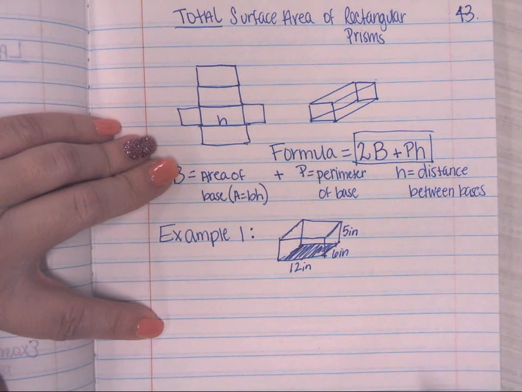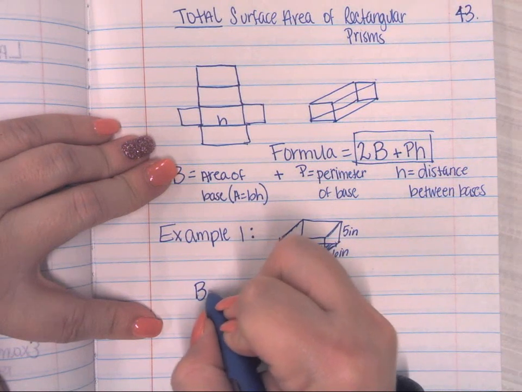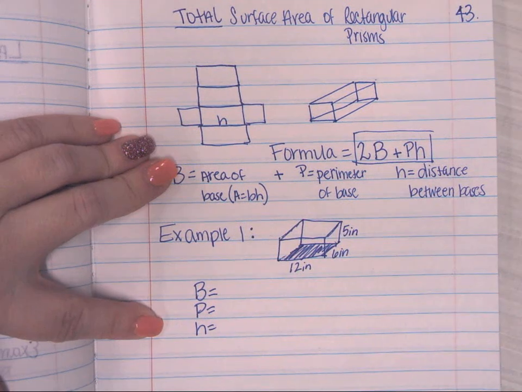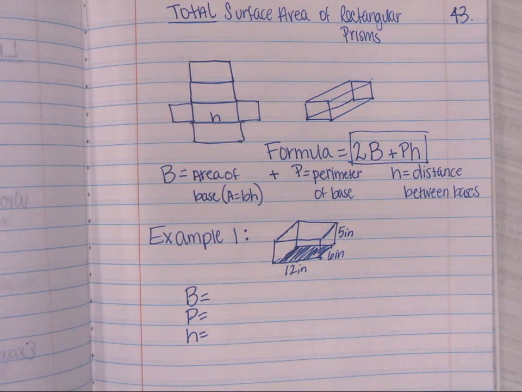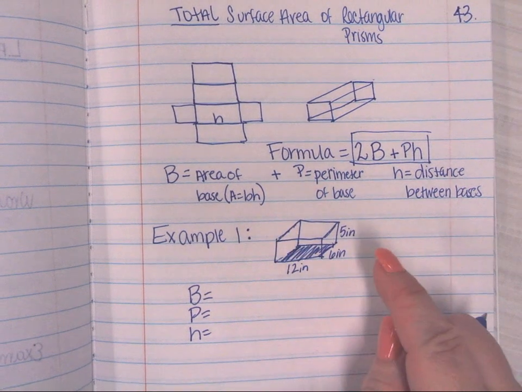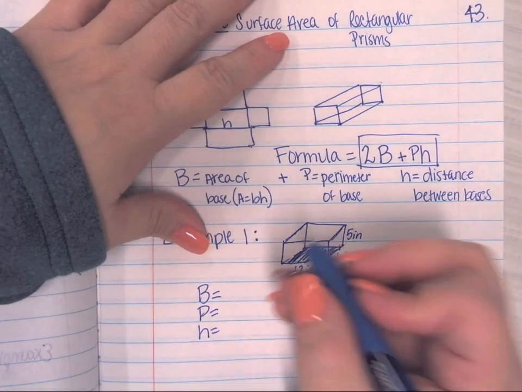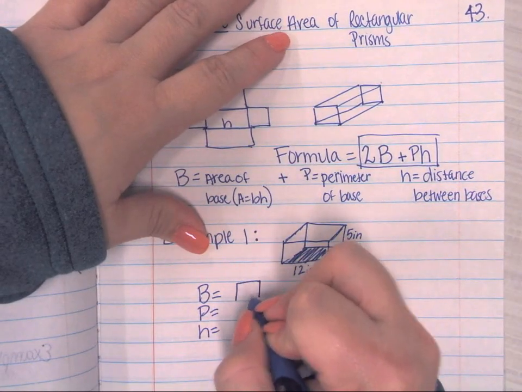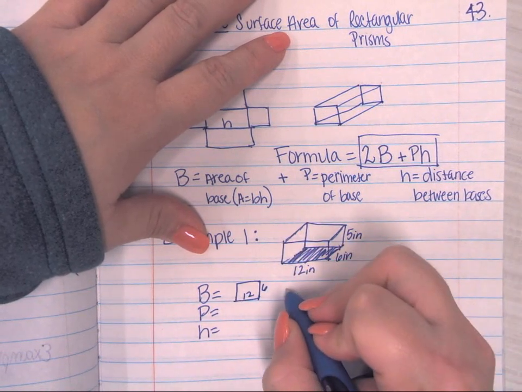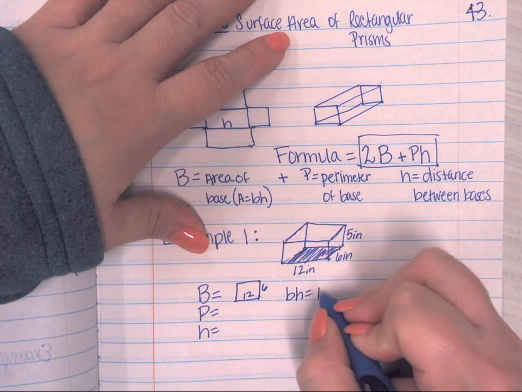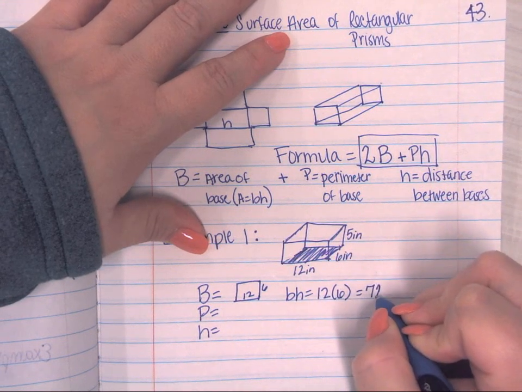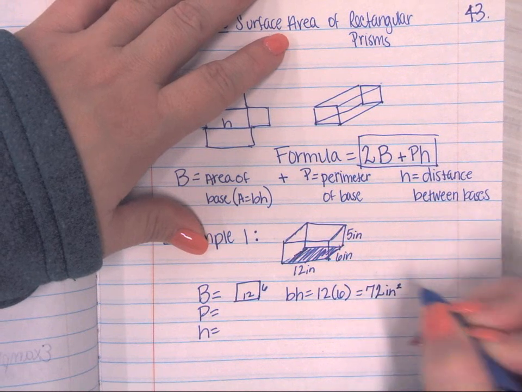Now I'm going to find each part that I know I need to have. Area of the base is base times height of the base. So I'm just looking at my base. It's 12 and 6, so base times height is 12 times 6, which is 72 inches squared.